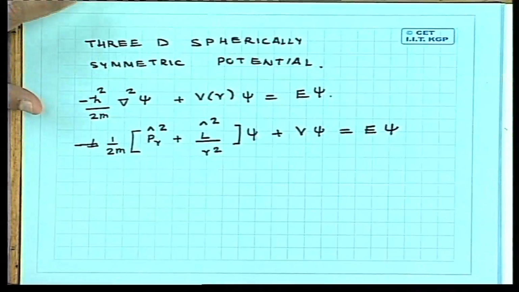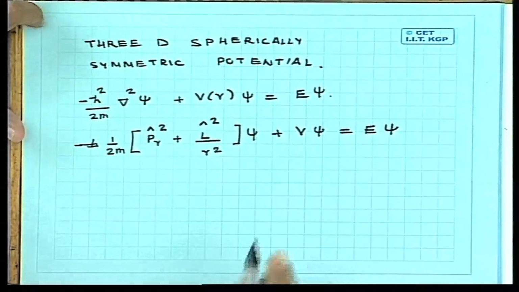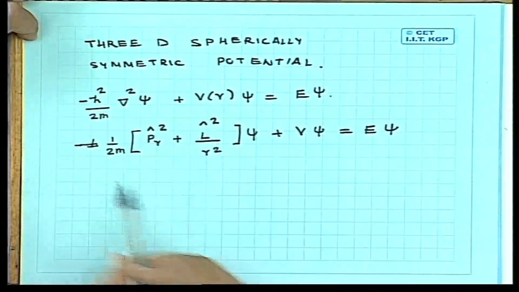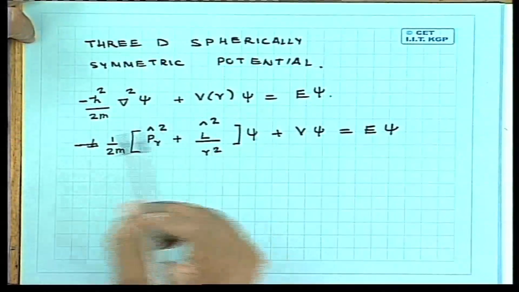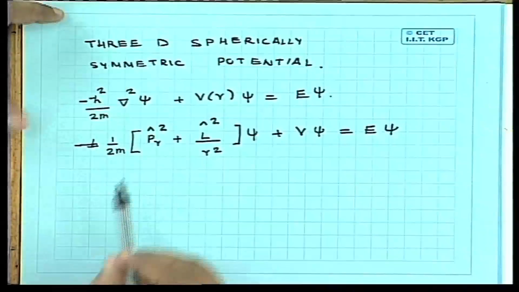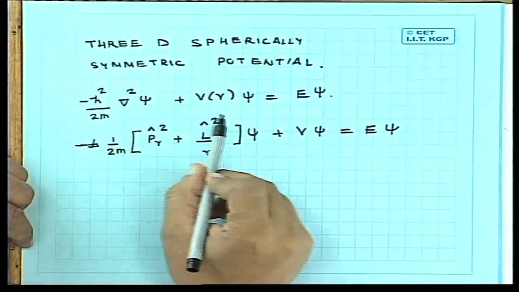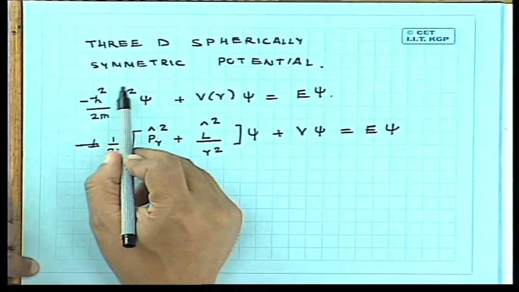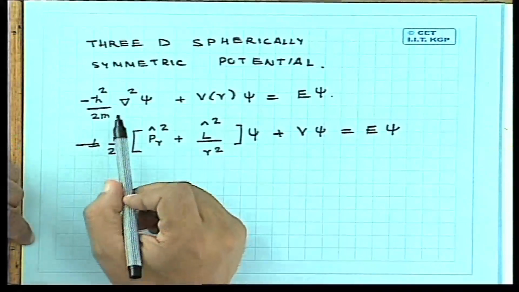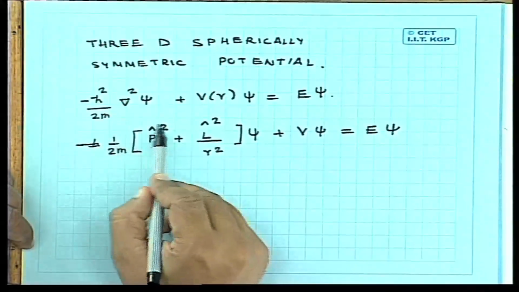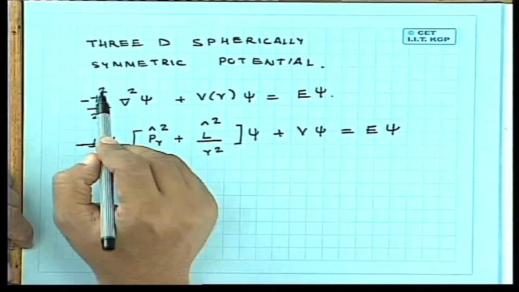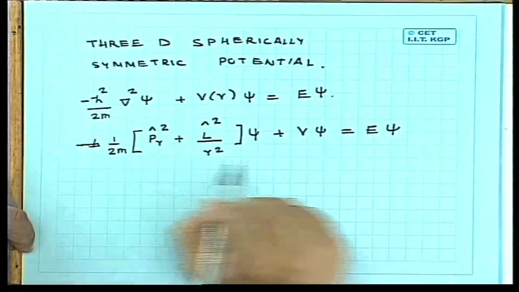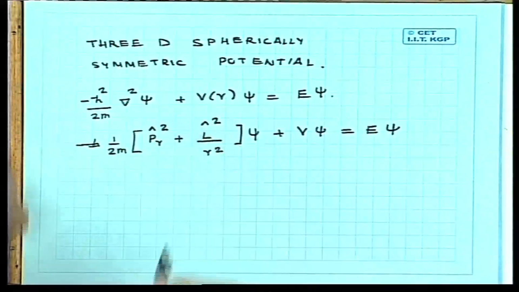So if we went into a spherical polar coordinate system, where the motion could be broken up into two parts, the angular motion and the radial motion, the Hamiltonian could be written in this form. If you wrote the Laplacian in a spherical polar coordinate system, the radial derivatives you could associate with the radial momentum, and the angular derivatives in this Laplacian you could identify with this term over here, the angular momentum squared by r squared.